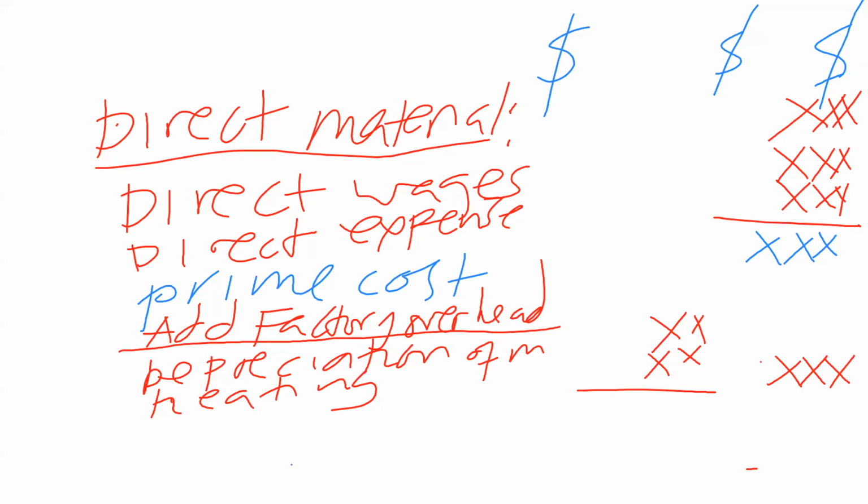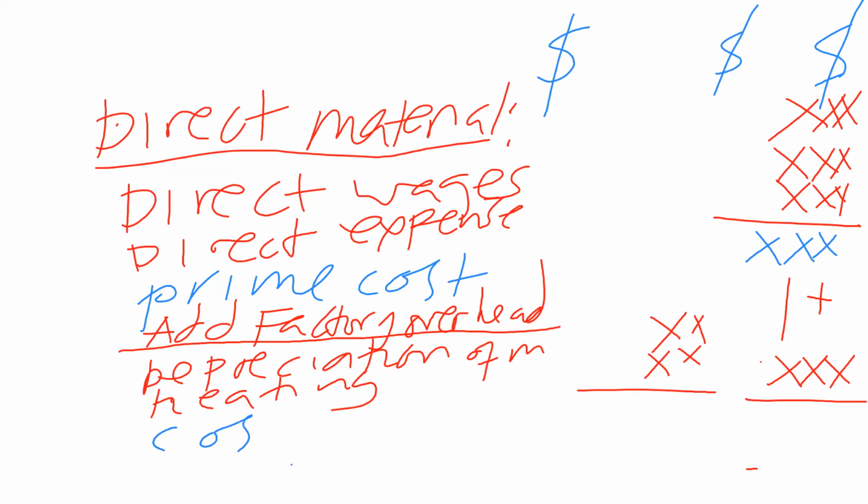Yes, sir. When you write like that, you have to add these two. The prime cost will add with the total factory overheads, so that you can have the cost of what? Let me write in a different marker.